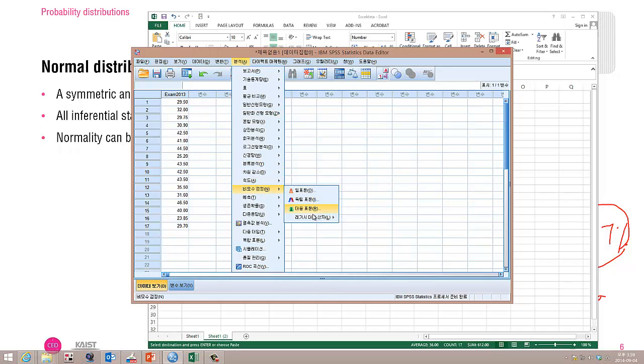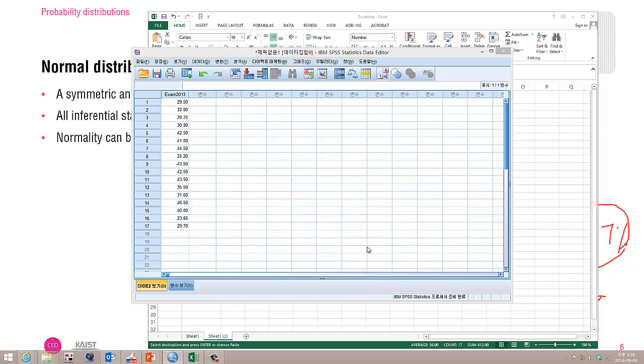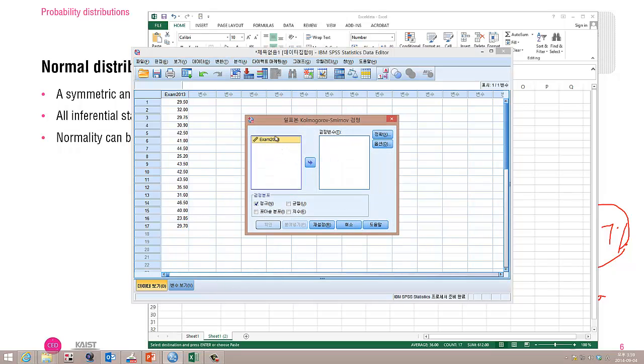Okay, and analysis, non-parametric statistics, and here one sample, the KS test, and I bring it here, and I would like to test whether this score distribution fits the normal distribution.